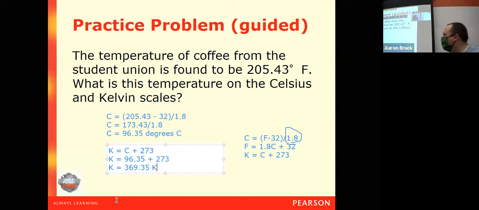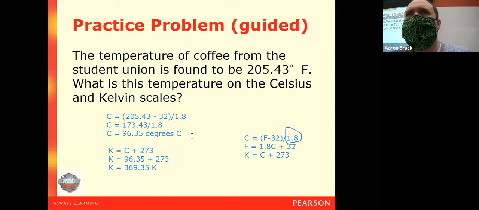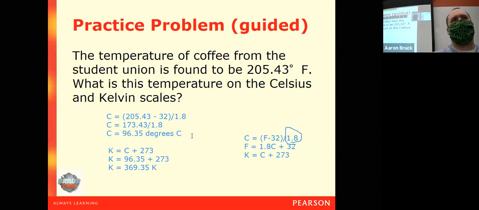One thing to notice about this, Kelvin does not have a degree symbol associated with it. So unlike Fahrenheit and Celsius, where the unit is degrees Celsius, degrees Fahrenheit, we don't tend to say degrees Kelvin. We just say Kelvin. So the temperature here, 369.35 Kelvin.